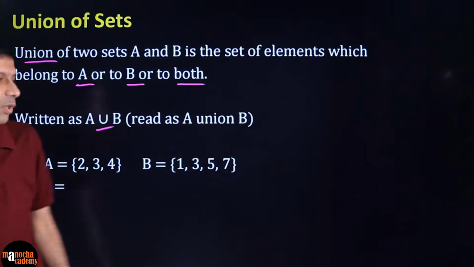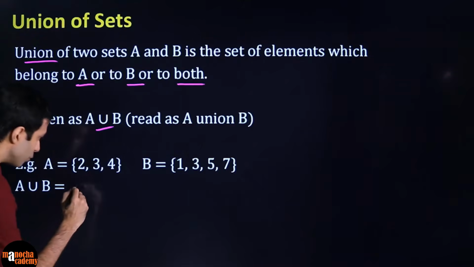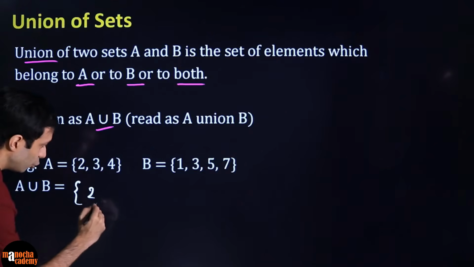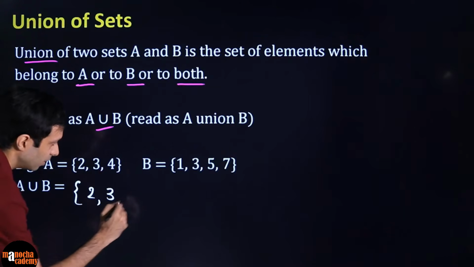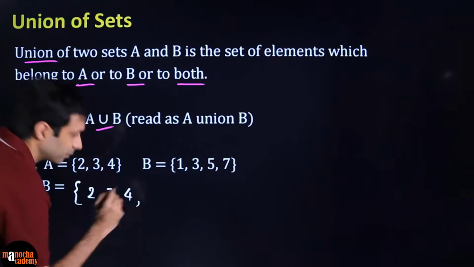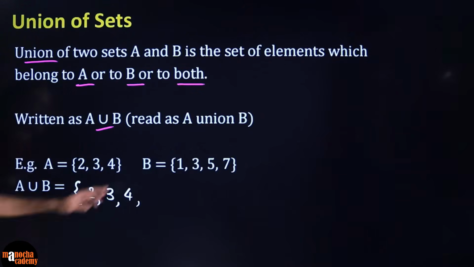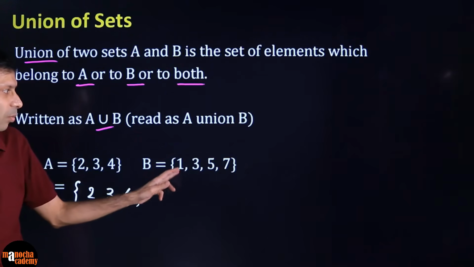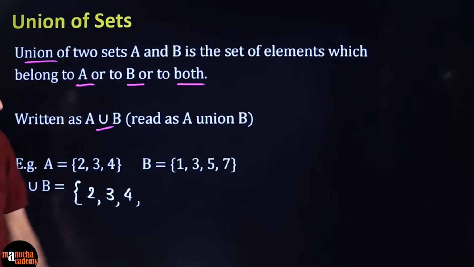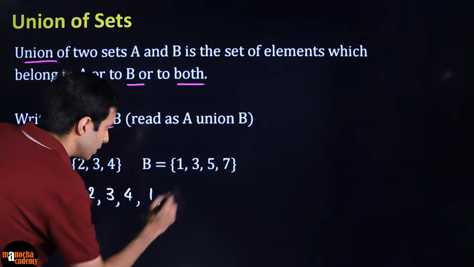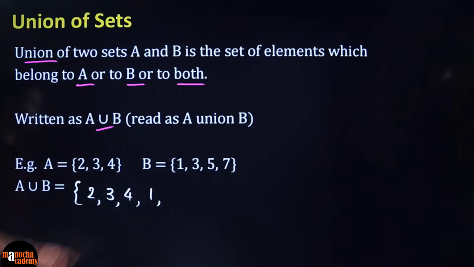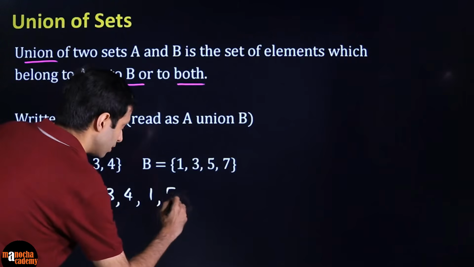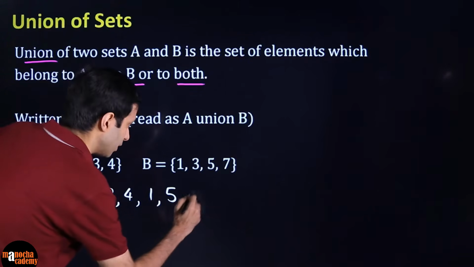I'm going to take the elements that are present in A, that's 2, 3, 4. And let's also take all the elements present in B, which are 1, 3, 5 and 7. But since I've already included 3 here, I'm not going to take it again. So I've taken 1 here, then 5 and 7.